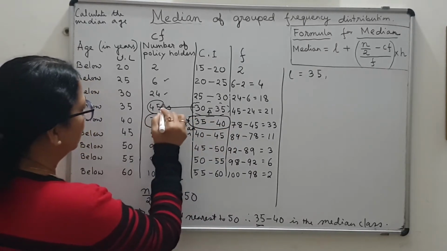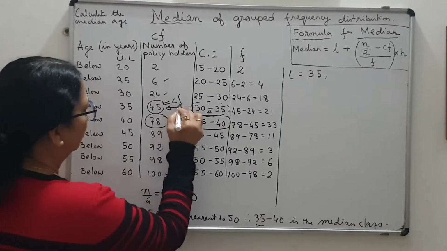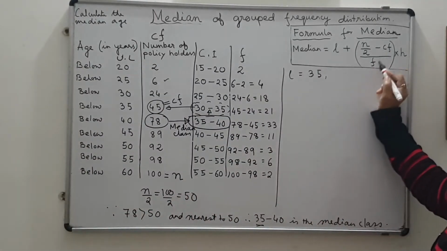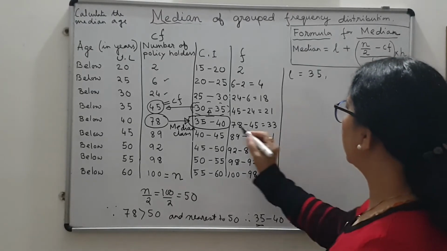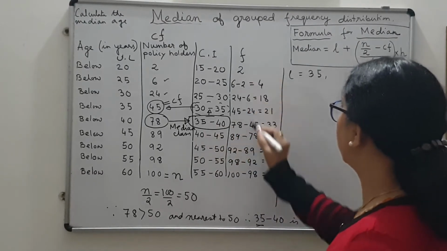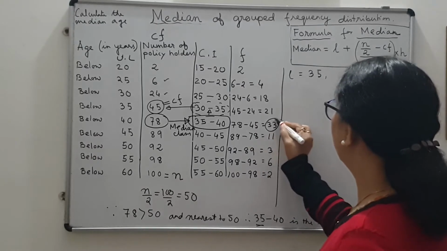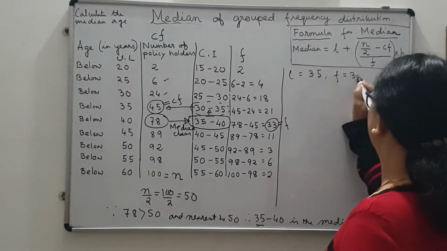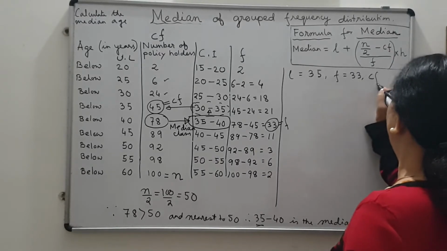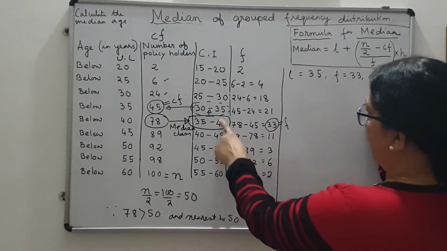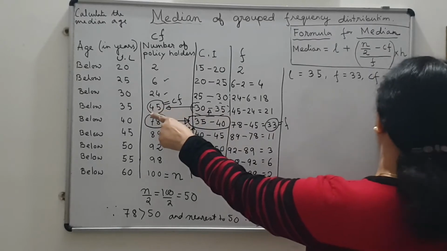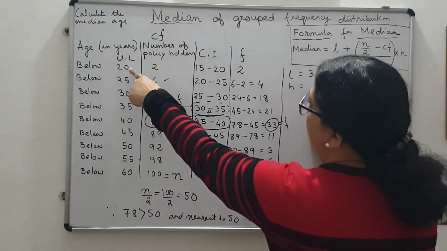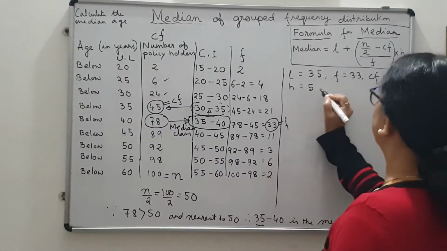And F is the frequency of the median class. So this is the median class and this is the frequency column, so this one is your F. So our F is 33 and CF is 45 from its previous class. H is your class size. I have seen the class size is 5.